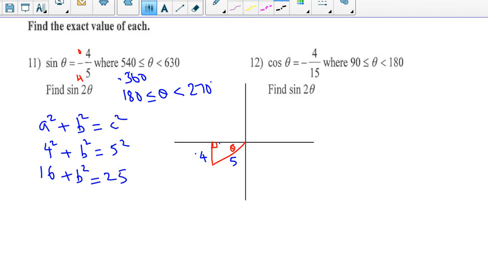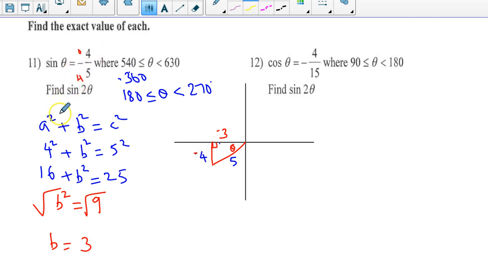Now subtracting 16 from 25, you get b square is equal to 9, right? That gives you b is equal to plus or minus 3, and here it is the negative side, so I'll write down -3. It is on the negative side of the x-axis, so I got -3, and that is -4 you have.